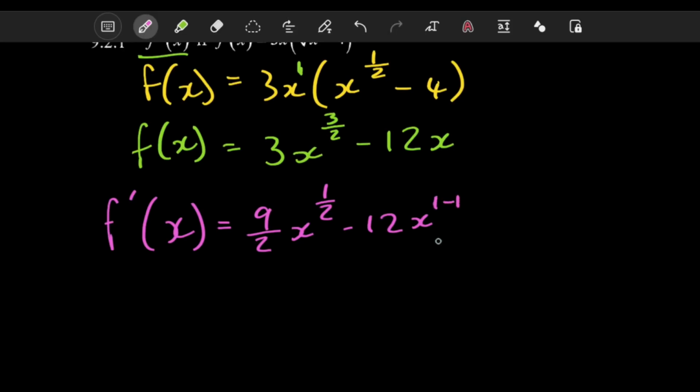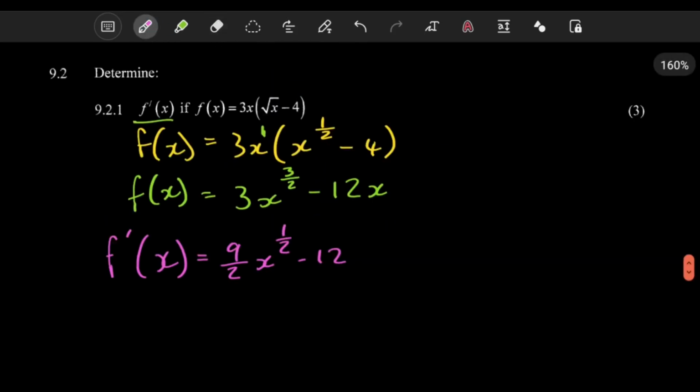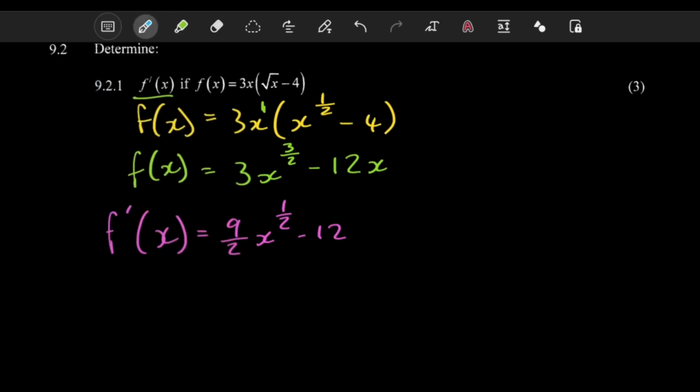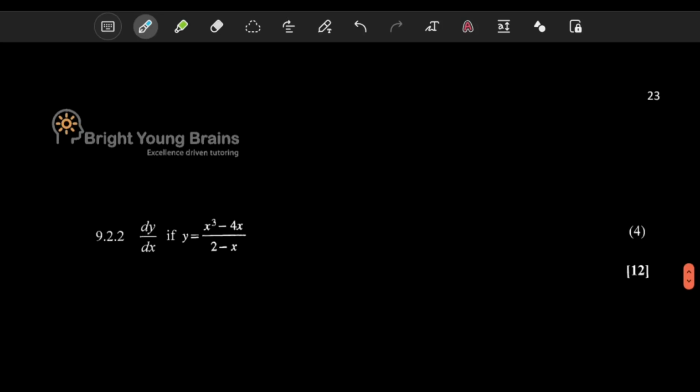Anything to the power of 0 is just a 1, so we don't even write it out, because it's just 1 times negative 12, which is negative 12. And then x to the power of 0 is just a 1. You have differentiated. They'll give you 3 marks, nothing major. Okay, it's okay.